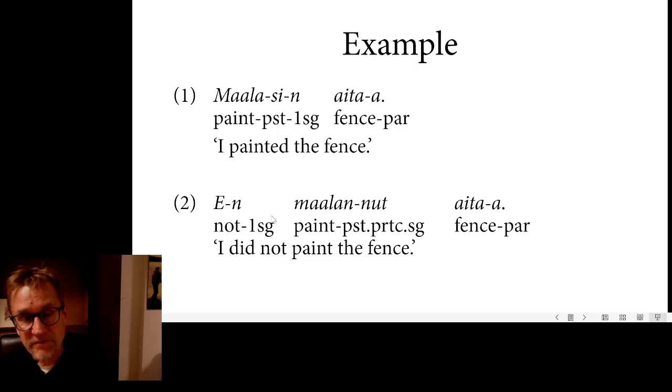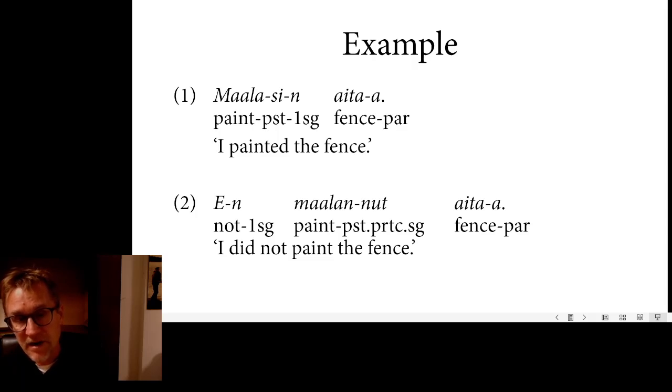And the verb, when we are talking about past tense, takes what we call the past participle form, nut, and here we also have singular agreement. So if we put this sentence in plural, we could say, we did not paint the fence, emme maalanneet. We would have neet, which is past participle but plural.